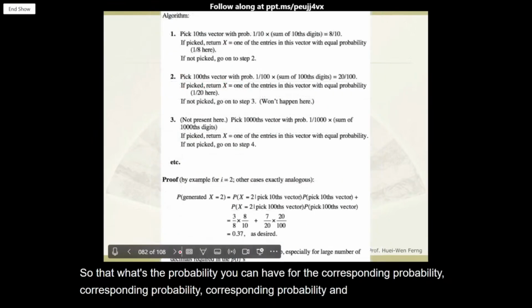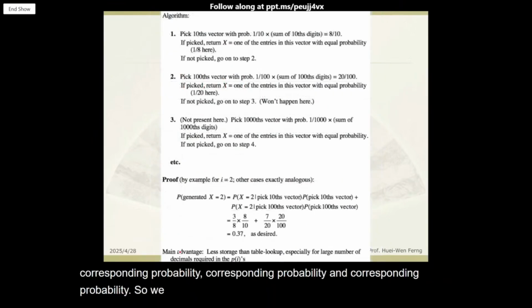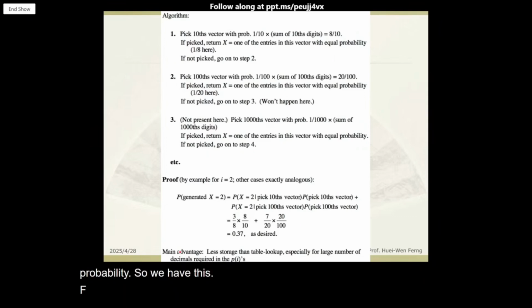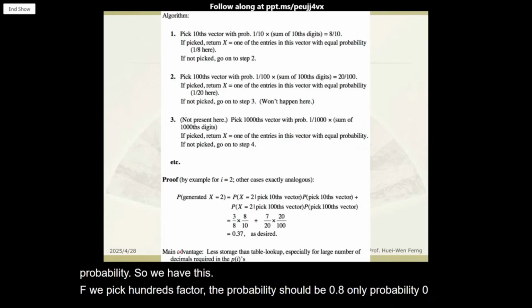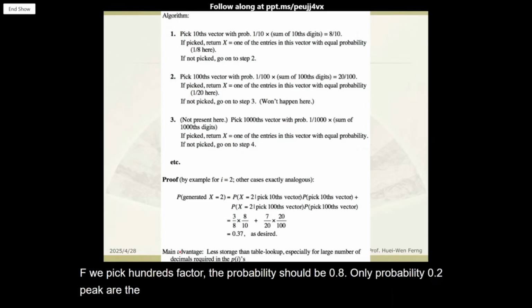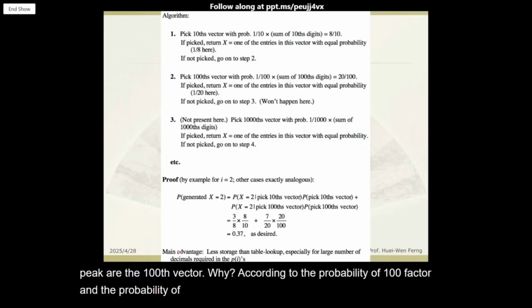So we have these. The probability of picking the hundreds factor should be 0.8, and only with probability 0.2 do we pick the tens factor. Why? According to the probability of the hundreds factor and the probability of the tens factor. So we have 0.8 and 0.2.